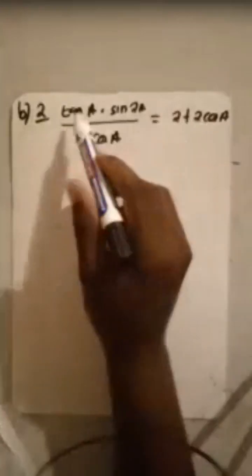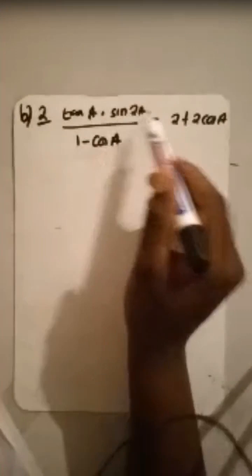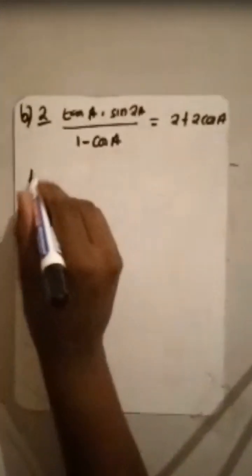All right. So how are we going to do that? This one is simple, guys, because we only have 2 steps. Whenever you see tan and we are dealing with identities, you have to change it. And also sine 2A, we know the expansion. So I'm going to take the left-hand side.